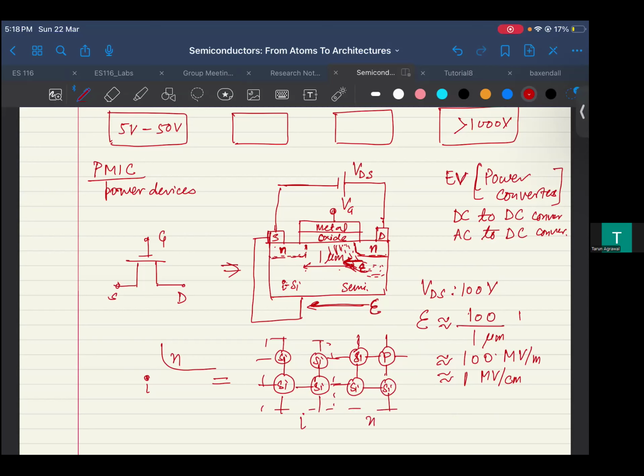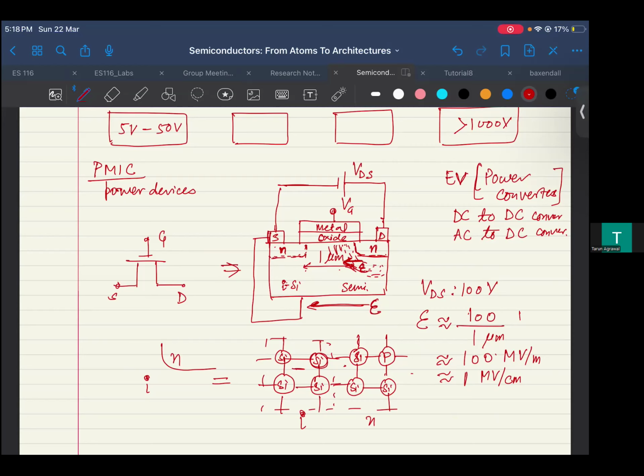So now what is going to happen? You are applying a very large field between these two, which is mostly dropping across the intrinsic region, because the resistance is high there. These bonds are already vibrating because of the temperature, but because of the energy, there is an electron which is going from the left to right.